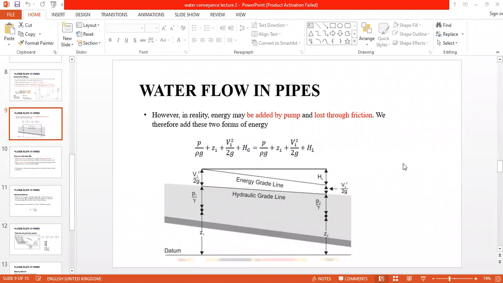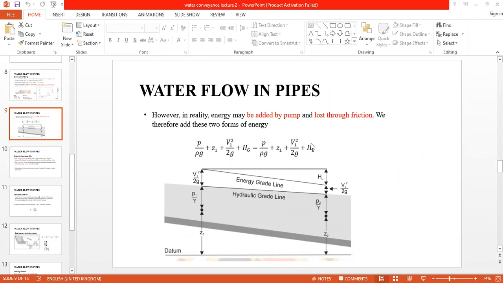Such that if we look at this illustration here, we are adding two forms of energy. For example, if we add energy to a system using a pump, there's that energy that we are adding using the pump, which I'll call Hg. And then as it goes through the system, due to friction, it will be losing energy.